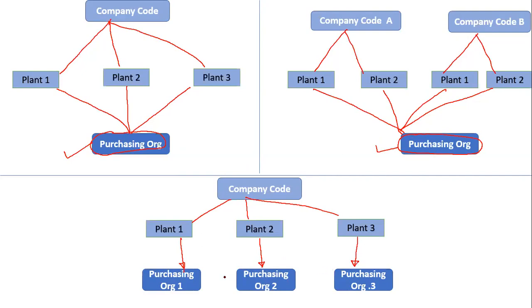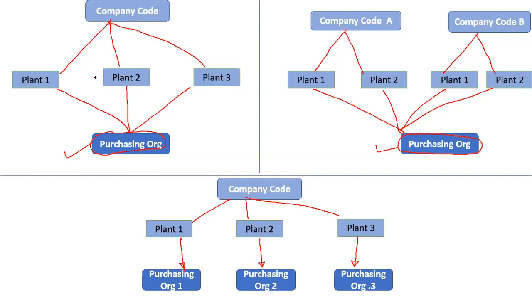So I have a separate purchasing organization for each plant. That is a decentralized purchasing organization. If one purchasing organization is responsible for all the plants, that is centralized, and if one purchasing organization is responsible for only one plant, that is decentralized.